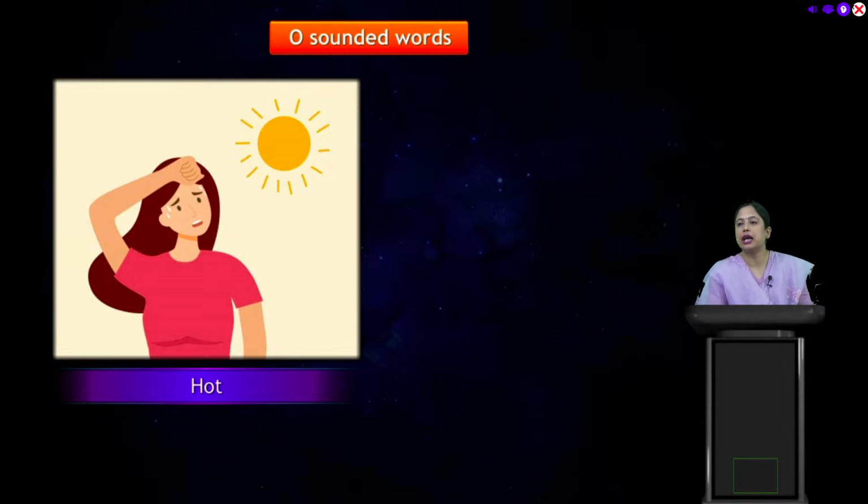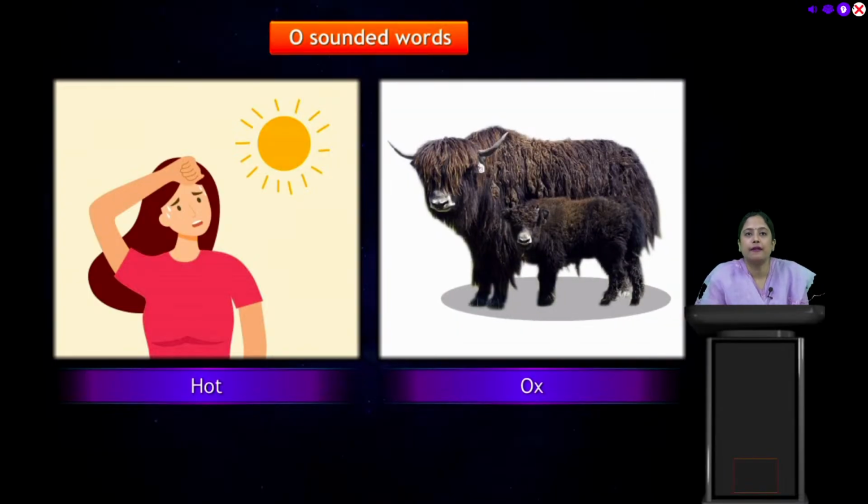We'll take one more O sound, which is H-O-T, hot. Now this time it is neither like home nor like onion. This time we produce the O sound as O. It's hot, ox, box.